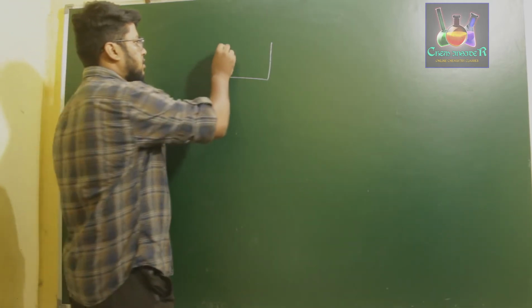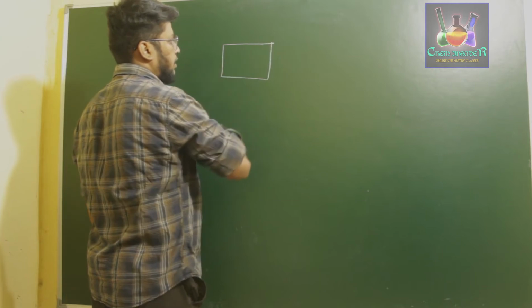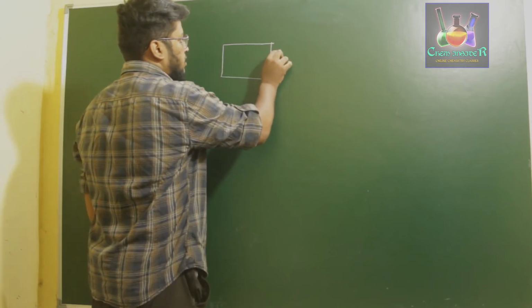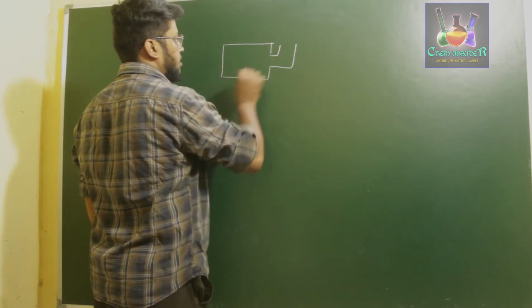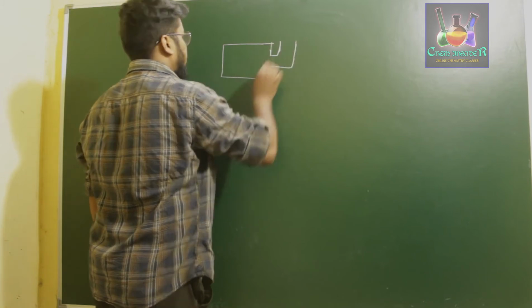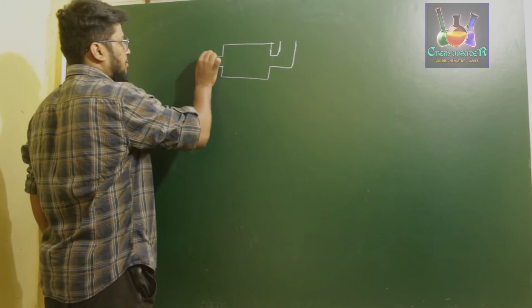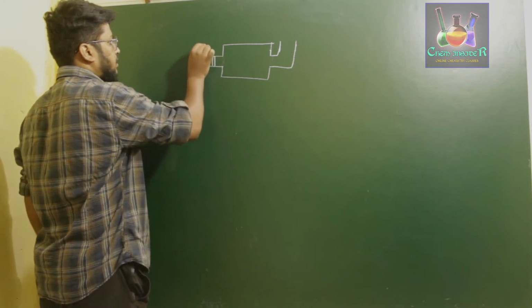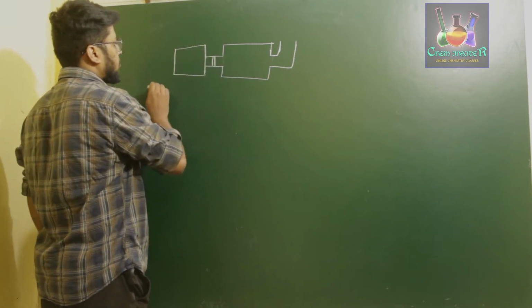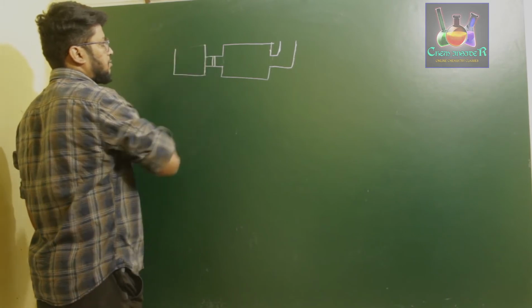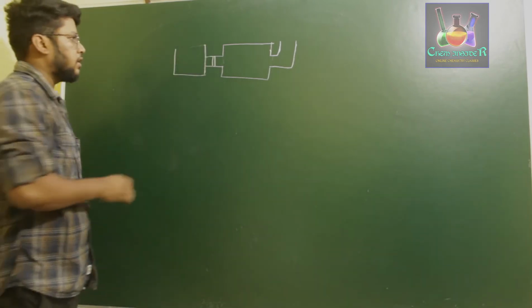Now let us consider this is a closed container which has a pressure allowance on the other side. This is a side tube and it is connected through a semi-permeable membrane to an empty container like this, which is open in this case.